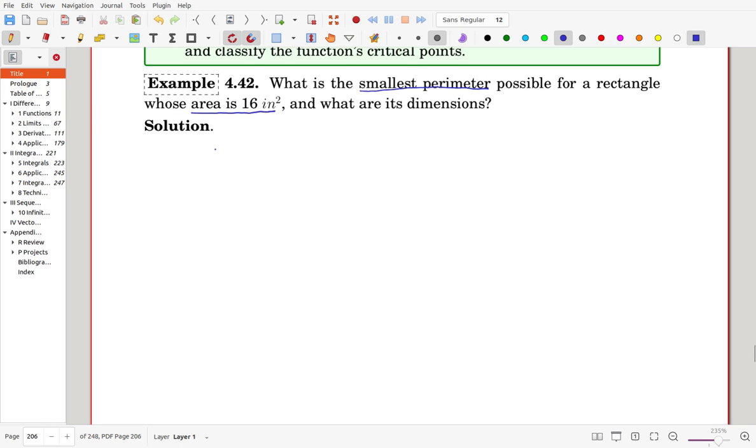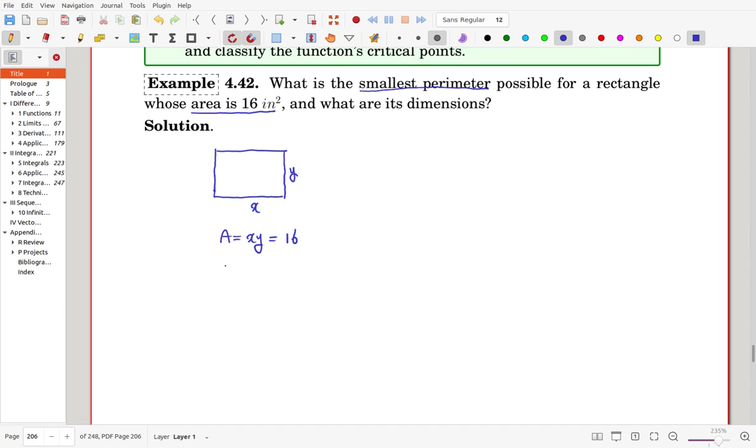So once you visualize the problem like that, and it's a rectangle, so we may say the length of this side is x, length of this side is y. Then now area is same as xy, which is given to be 16 square inches.